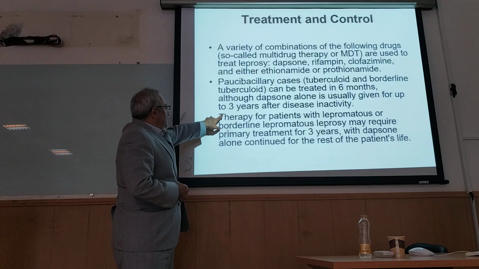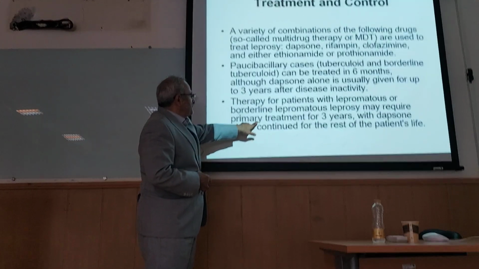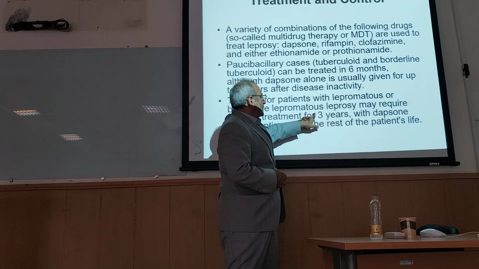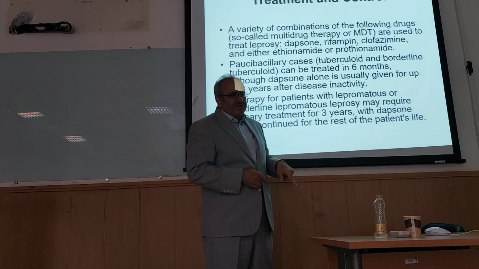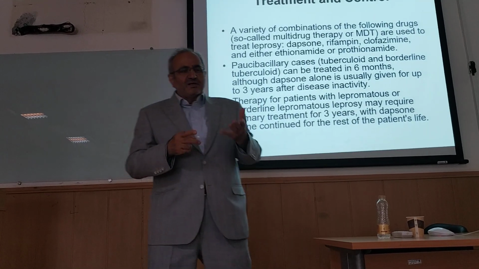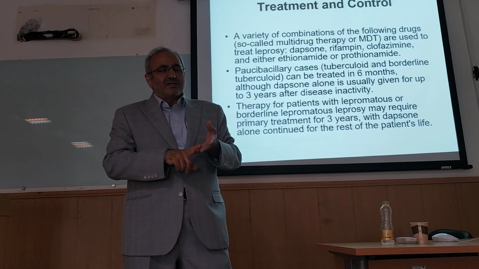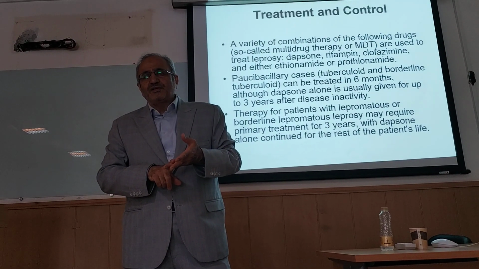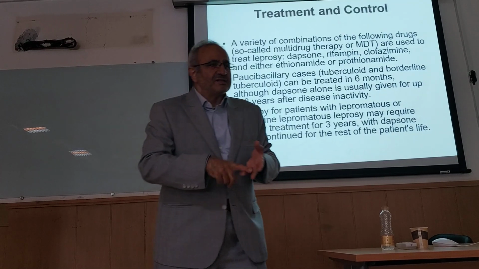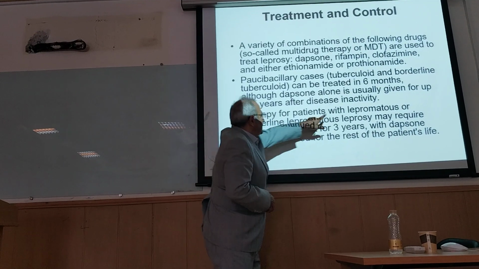This is for lepromatous leprosy. It may require primary treatment for 3 years with dapsone and clofazimine. So combination therapy for leprosy consists of dapsone and clofazimine, two drugs, but treatment should be continued with dapsone for the rest of their lives in lepromatous leprosy.